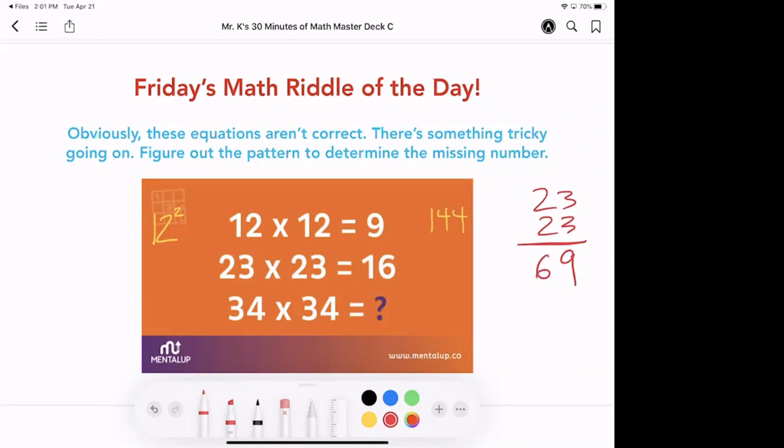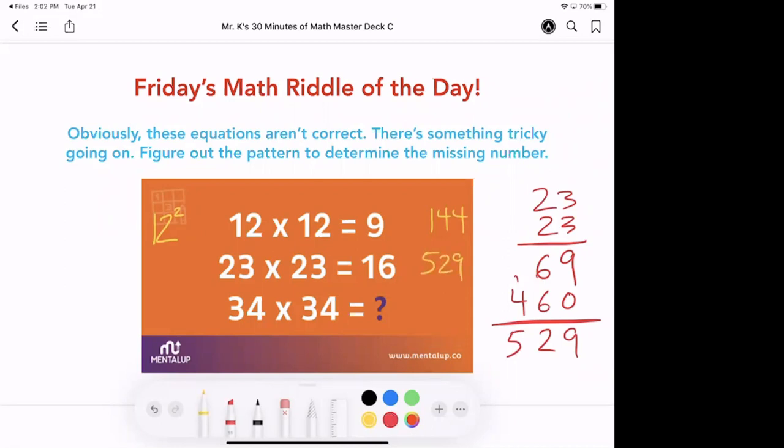And then 2 tens times 3 ones is going to give us 6 tens, or 60. And then 2 tens times 2 tens is going to give us 4 hundreds. So that would be 9, one more 100 there, 529. All right. Well, we know that's 529.